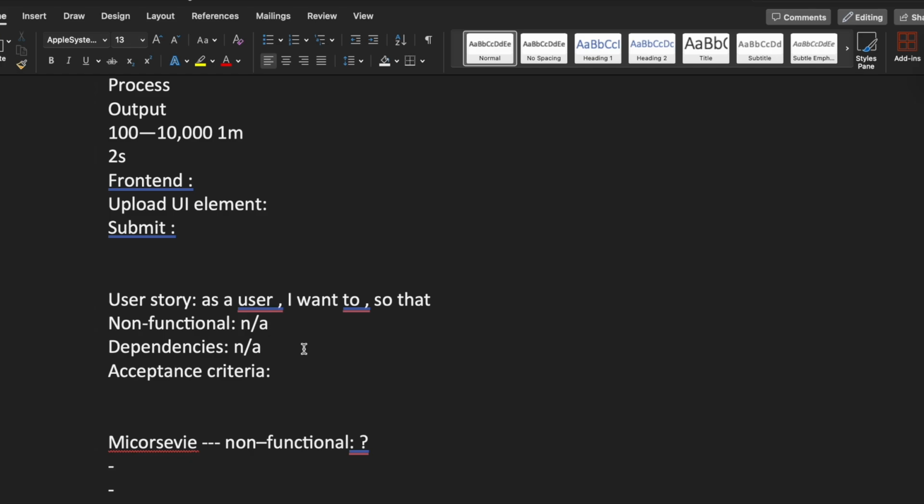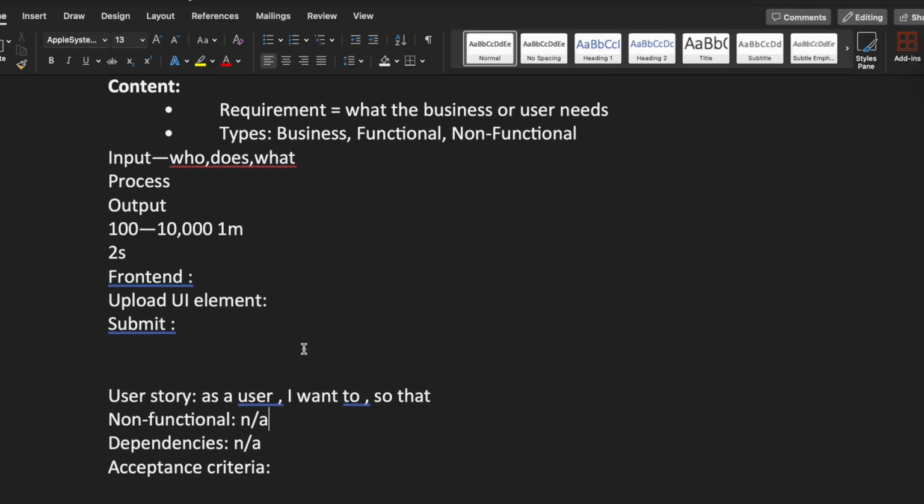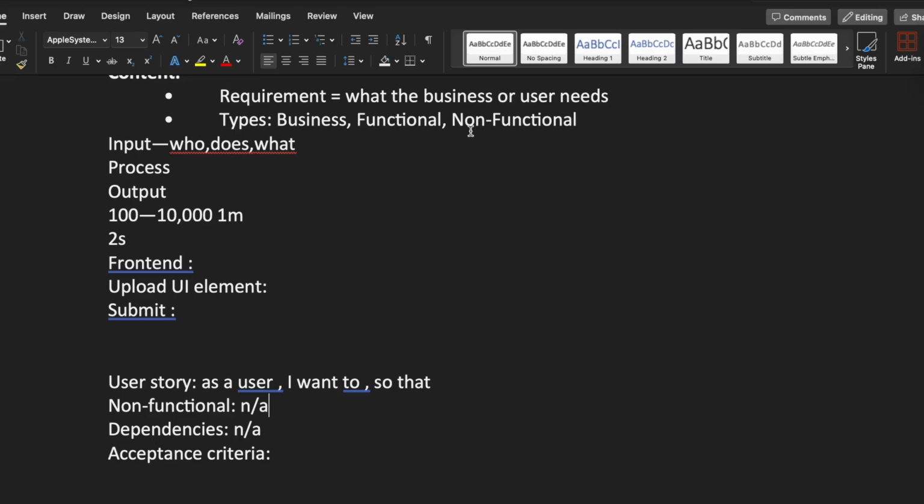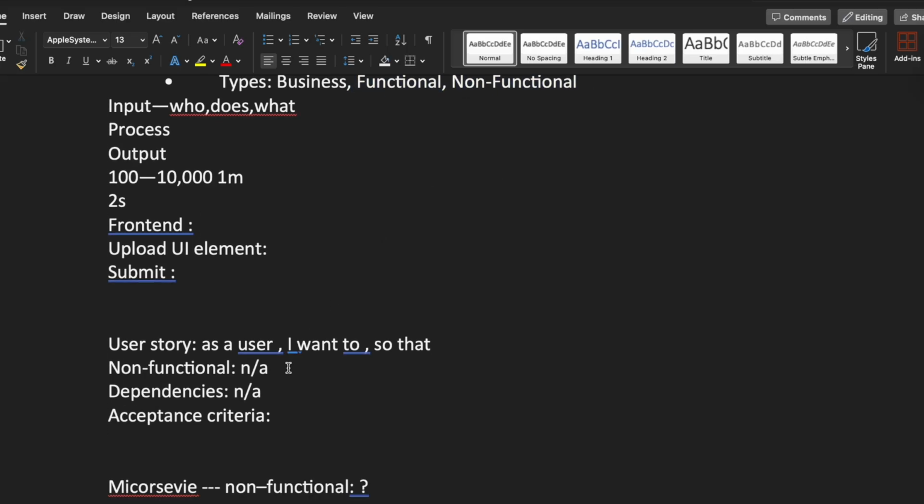You can always add more detail, but we want to keep the user story very neat, simple and precise. Definitely as a beginner, I don't expect you to write the non-functional requirement, but when you are having a discussion with your team, make sure you ask this question, and they will tell you, and you can just put a note in your user story. All right, okay.